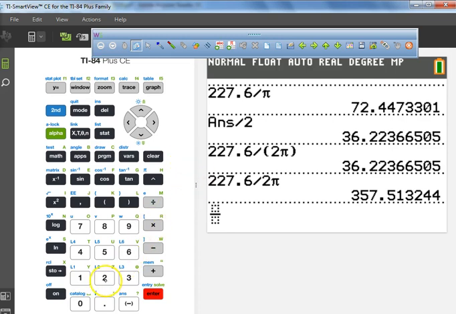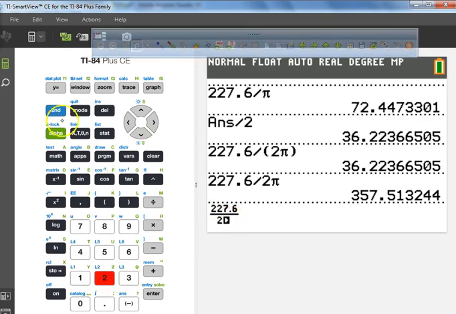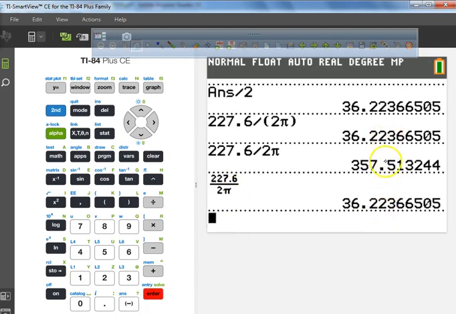Well, you could do that too. And then you can do 2 pi without parentheses. So if you don't like parentheses, then you better use alpha y equals enter. Or you can just do what we just did. Okay? That's what you're doing today. Good luck.